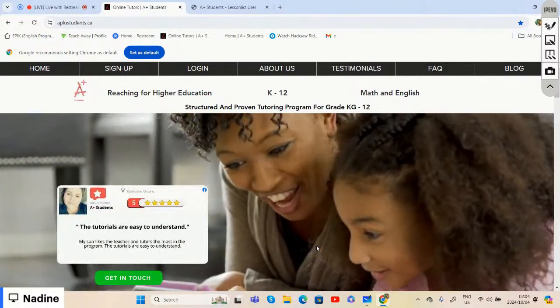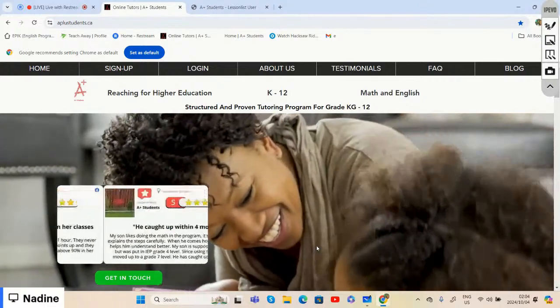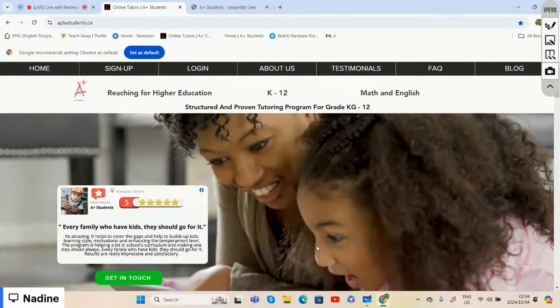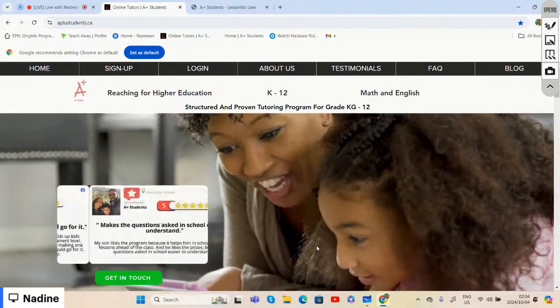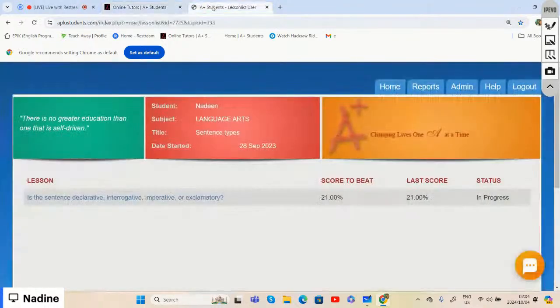We're doing grade 8, and then we're going to scroll down until we get to our chapter of sentence types.